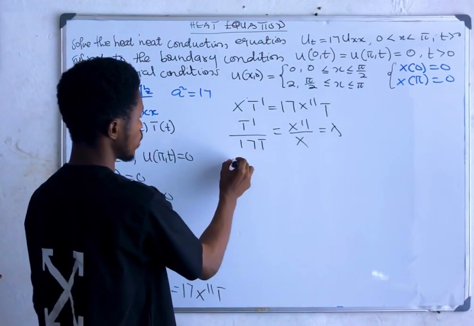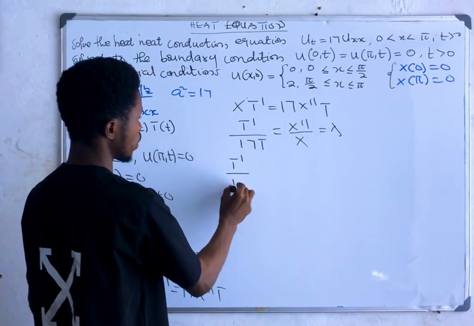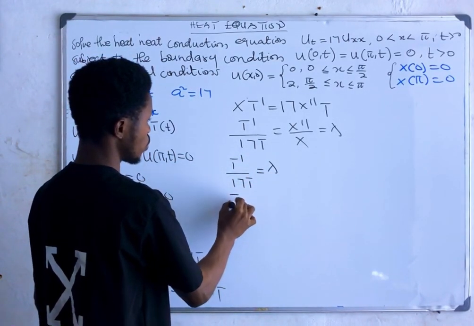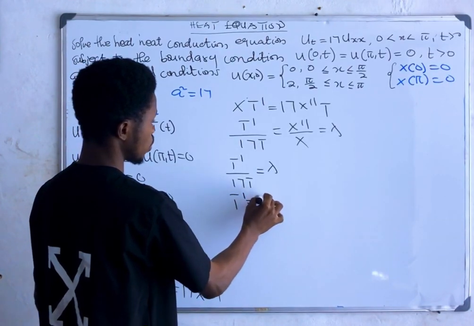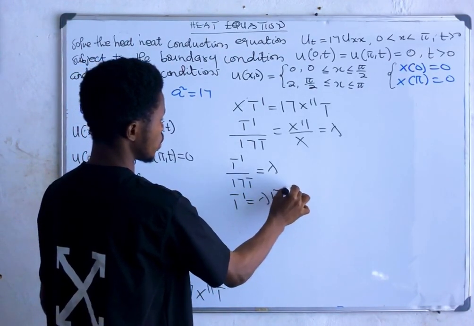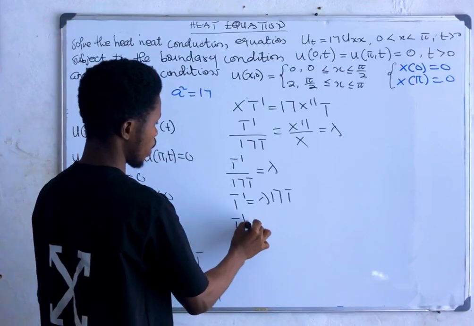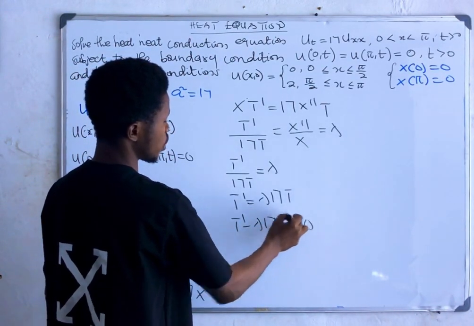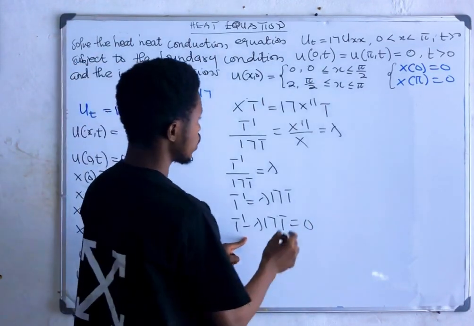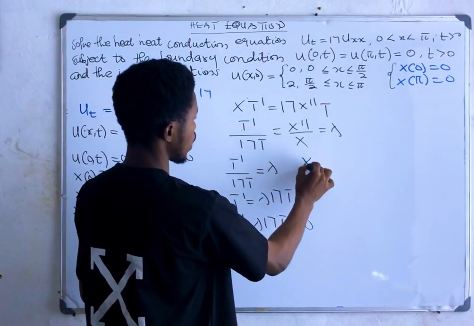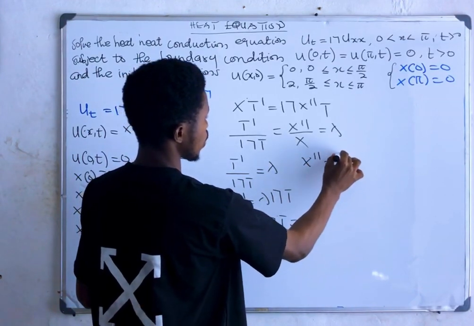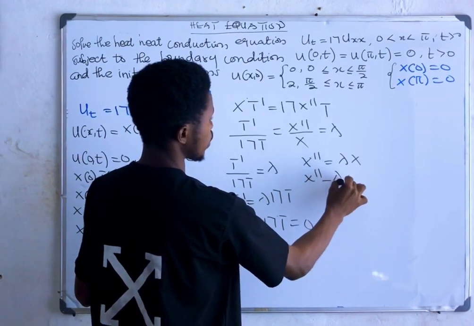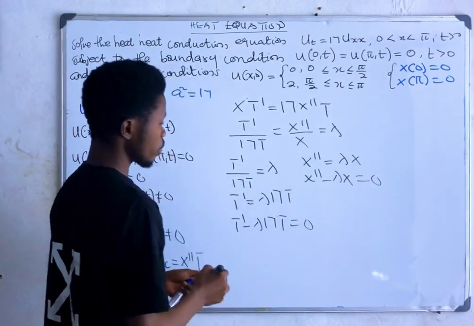It means that T prime over 17T gives me lambda, which will give me T prime equals lambda 17T. So T prime minus lambda 17T equals 0. Is that okay? Now the other side we have X double prime over X equals lambda, so X double prime minus lambda X equals 0.